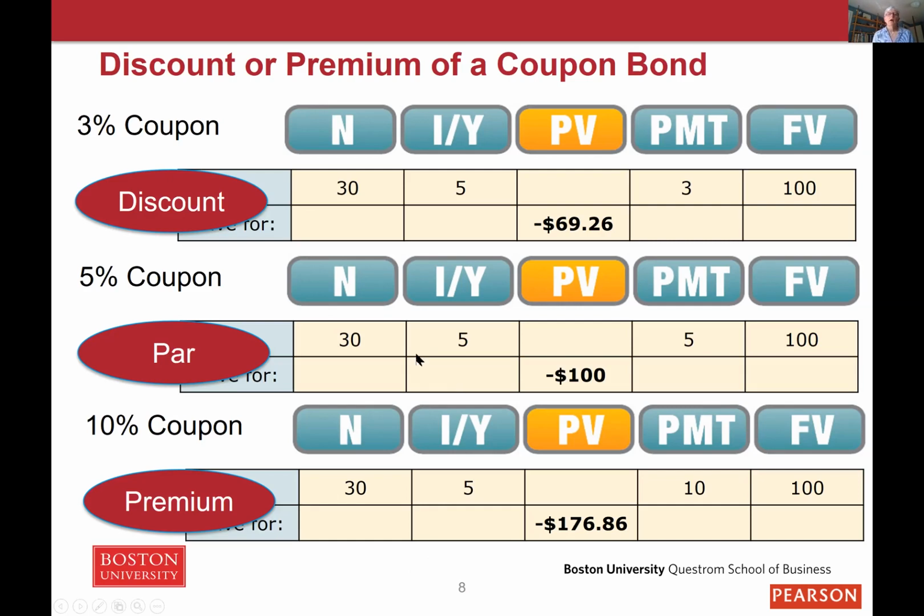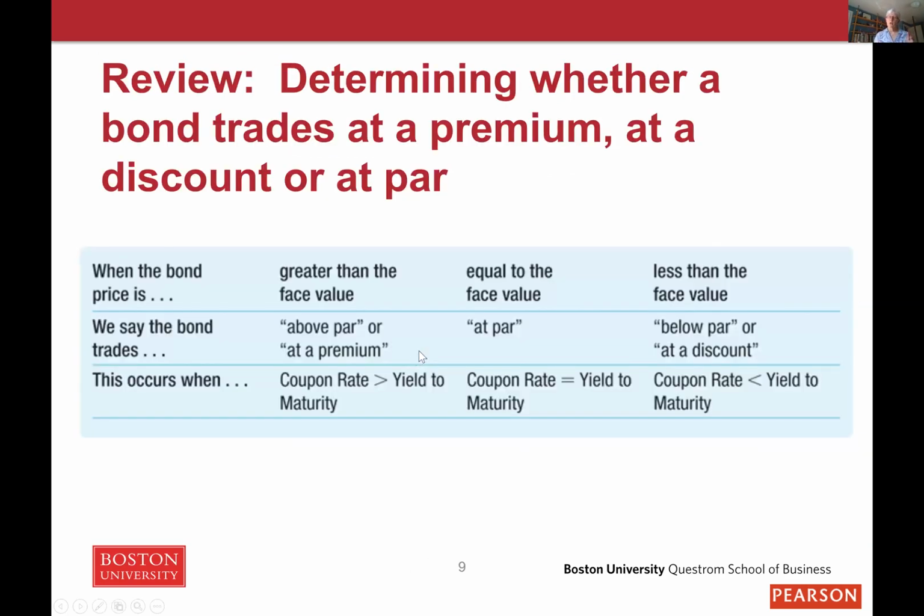Okay. So just to review the big picture here, we basically have 4 takeaways today. The first one is understanding bonds that trade at a premium, bonds that trade at a discount, and bonds that trade at par.